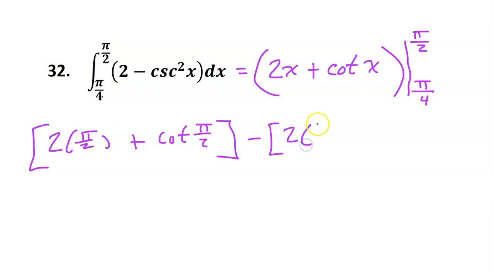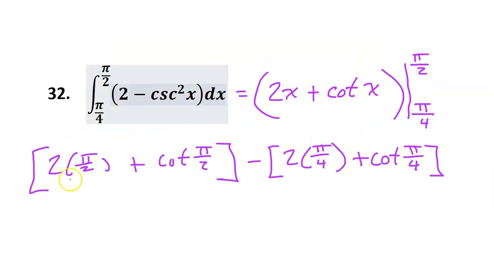So this will be 2 times pi over 4 plus cotangent of pi over 4. By the way, do not leave your answer like this because we really must evaluate trig functions. But first of all, simplifying this first term right here, these 2's are going to cancel each other out. So that's just going to leave me with pi so far.